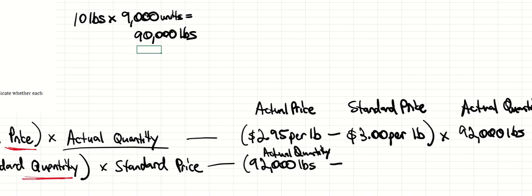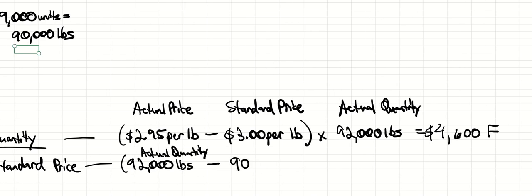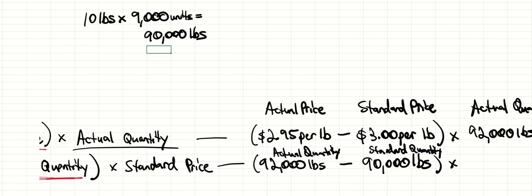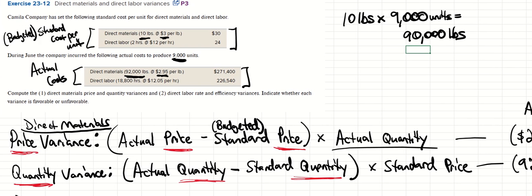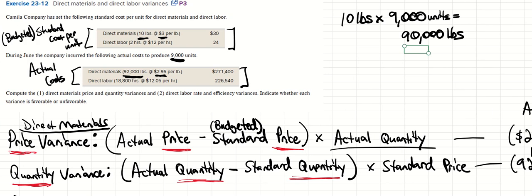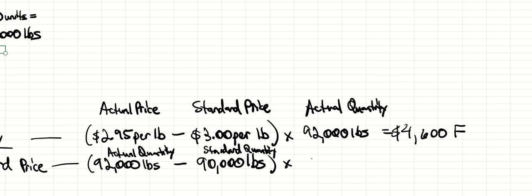So I'm just going to bring over the 90,000 pounds. This is our standard quantity, and I'm going to multiply it by our standard price, the one we used in the price variance, which is $3 per pound. That's our standard price.